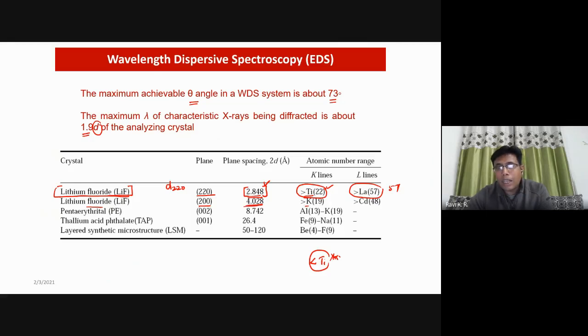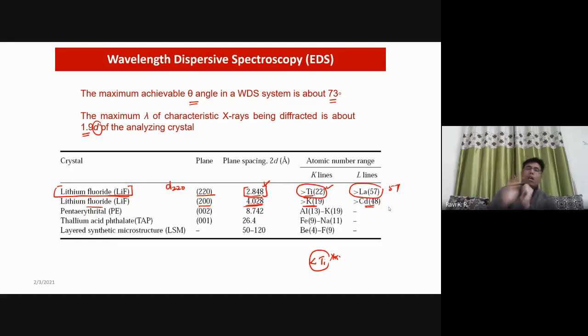For that crystal, it can work from atomic number 19. Above atomic number 19, you start seeing the K alpha peaks. L alpha you can get, because for quantification you need sufficiently 3-4 lines so that you get much better information.